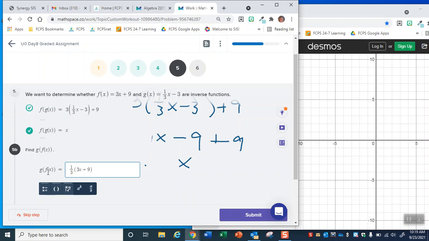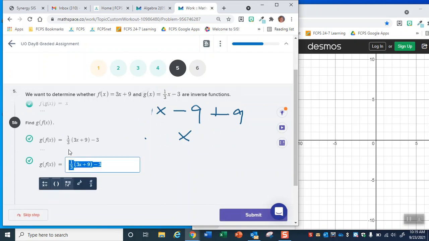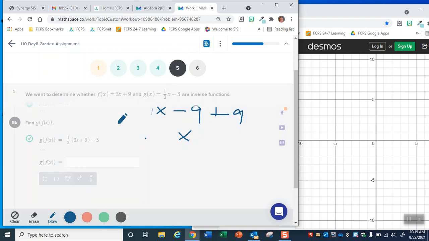All right, so I'm typing out g, so there's my 1/3 x, and then I've got a minus 3. If you look up here, 1/3 x minus 3, that's g. All right, and I'll just check and make sure I substituted in correctly. And then now I'm just going to use my algebra here. Go to the sketch pad and clear out the other one.